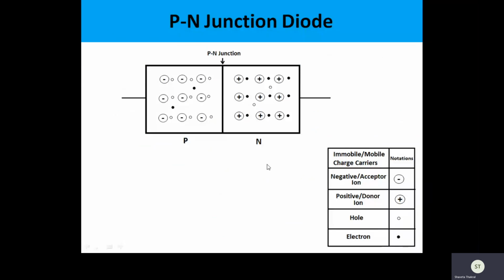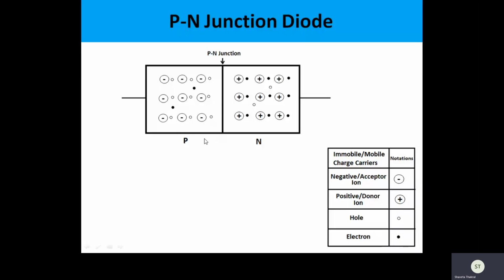So this is the PN junction diode shown with the different types of charge carriers. If we talk about the P-type, what are the different types of charge carriers? We have shown here some of the ions, that is the negative ions, which are called the acceptor ions.